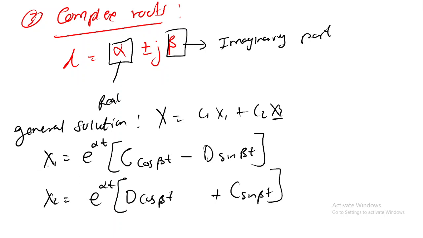So x1 is this whole expression and x2 is everything here, and you substitute it back into the original equation, and this is how you get the general solution.